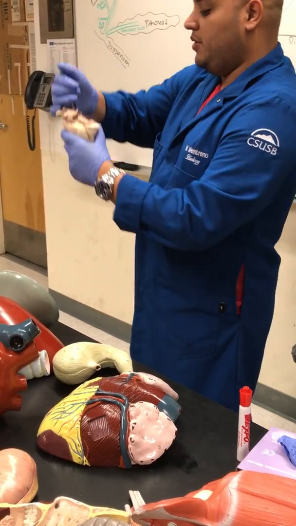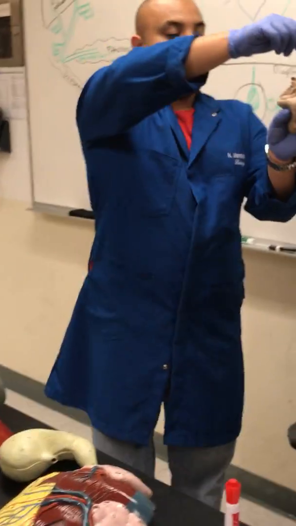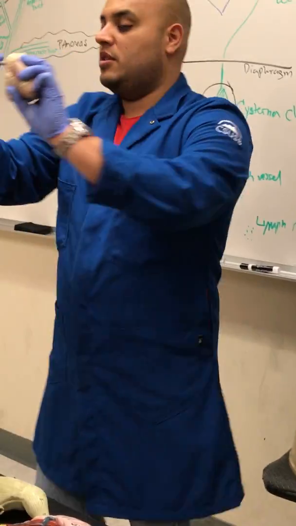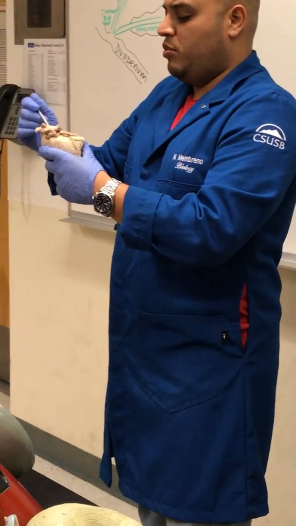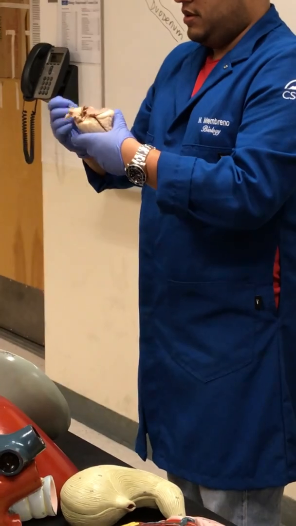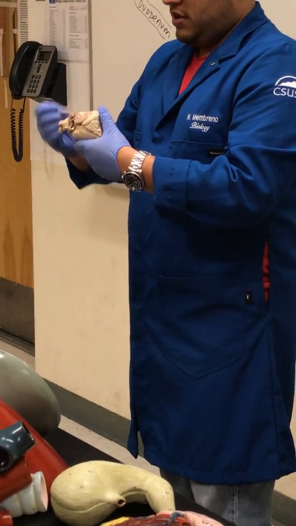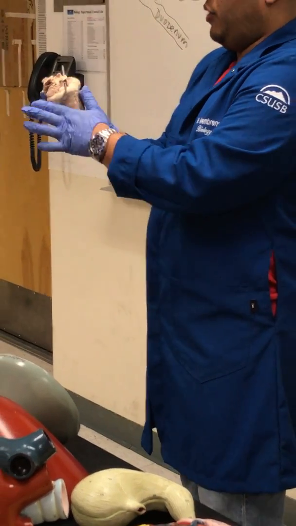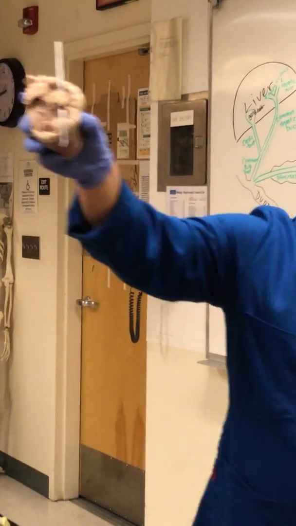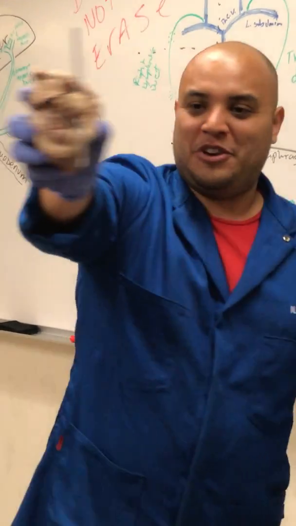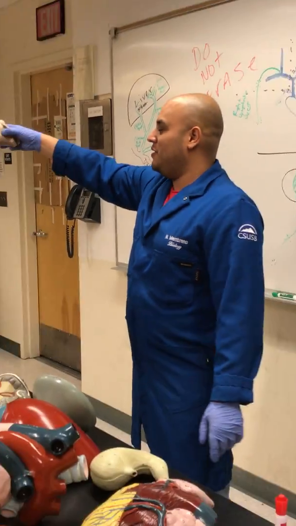If I jam it through here, what vessel is that? Superior vena cava. But what if I stick it through here? Where is it exiting? Inferior vena cava. So there's superior and inferior.